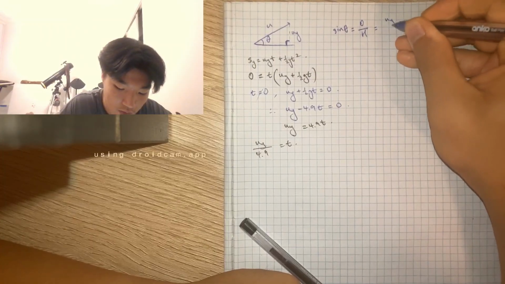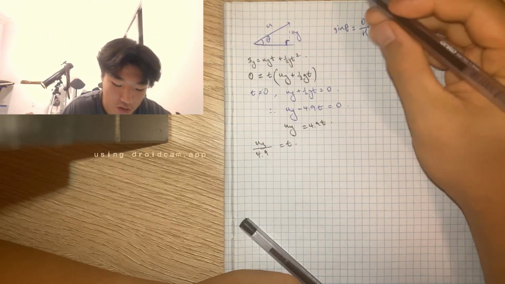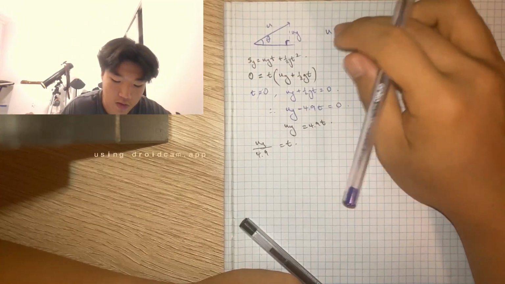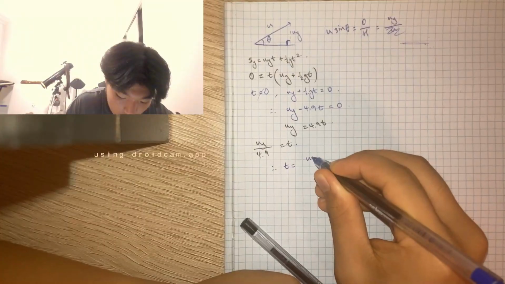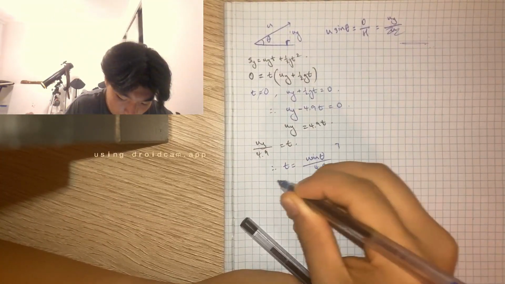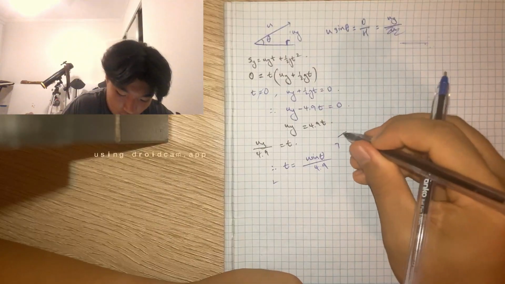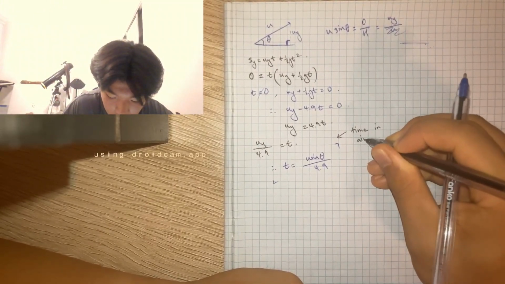In this case, opposite is uy, hypotenuse is u. You multiply both sides by u, so uy is u sine theta. Therefore, t equals u sine theta over 4.9. So this is the time in air.